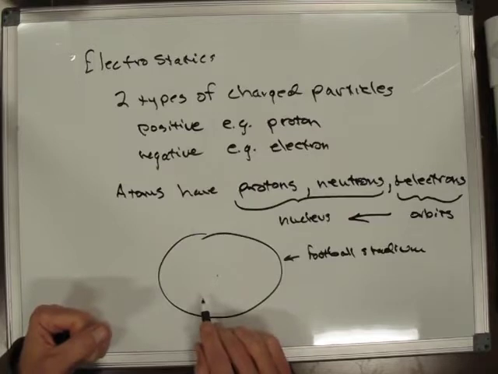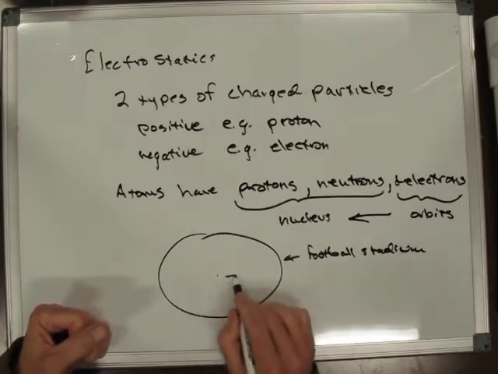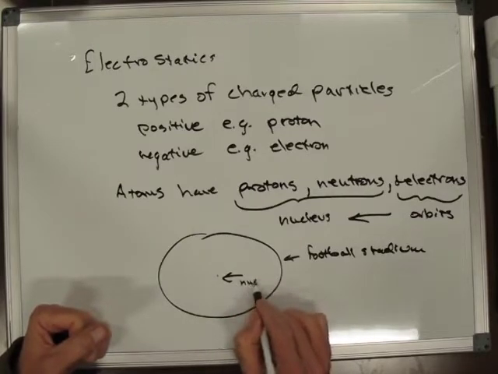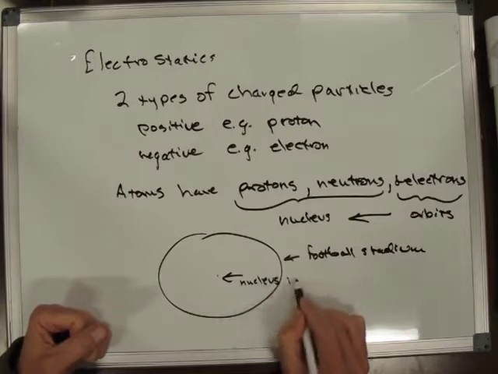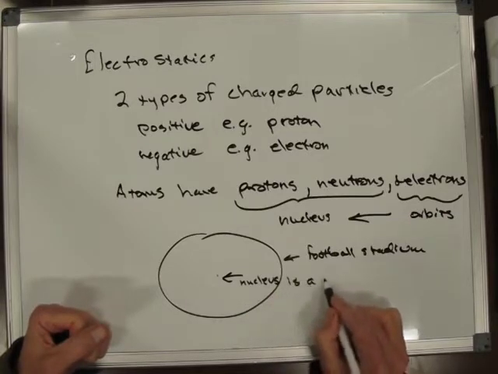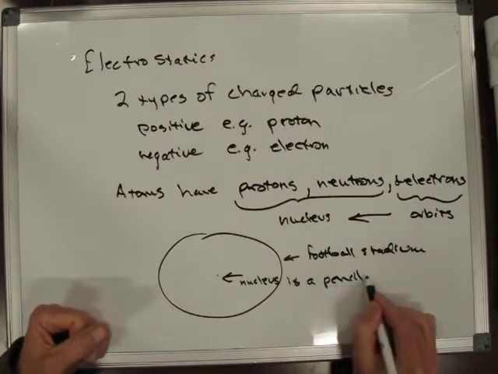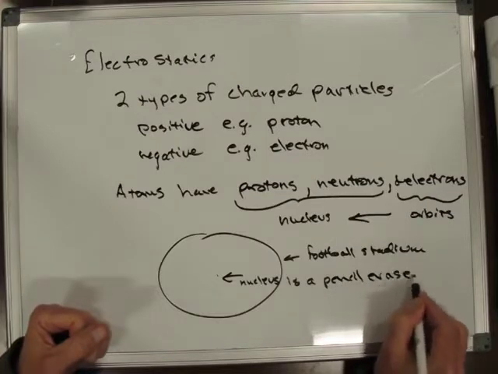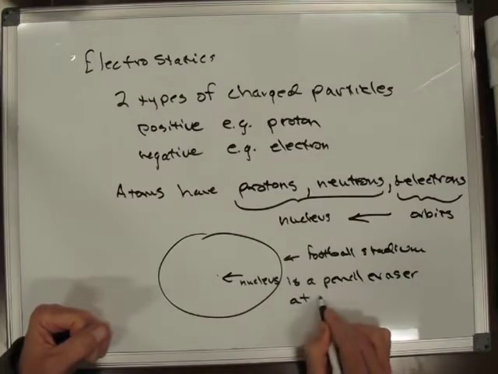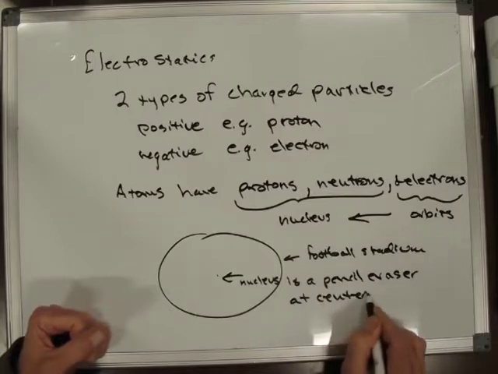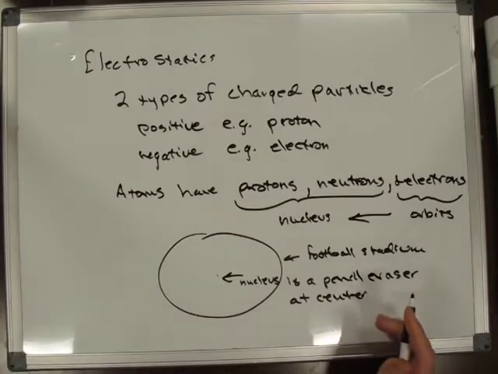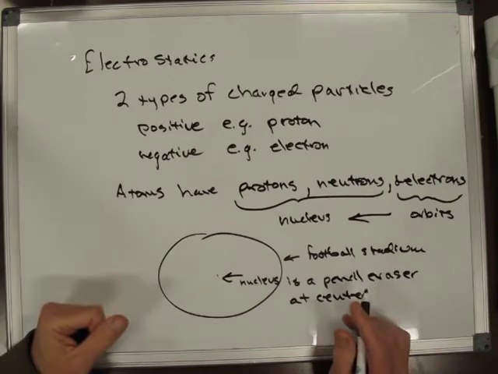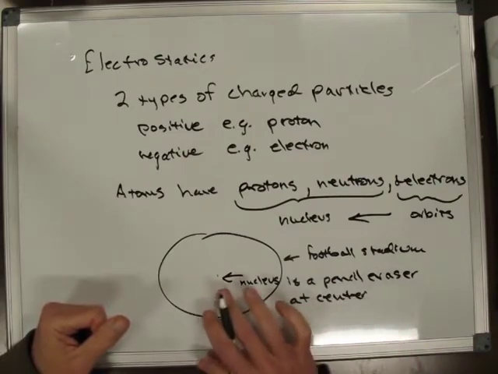So most of the volume is in the electrons, but the mass is in the nucleus.